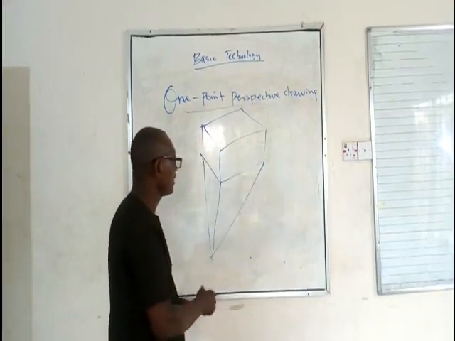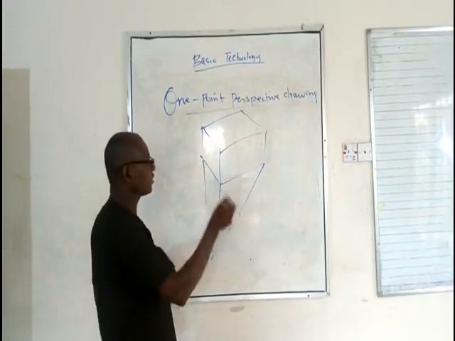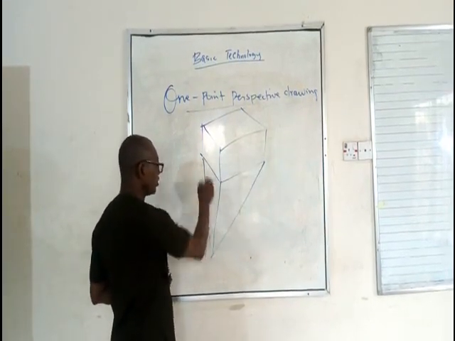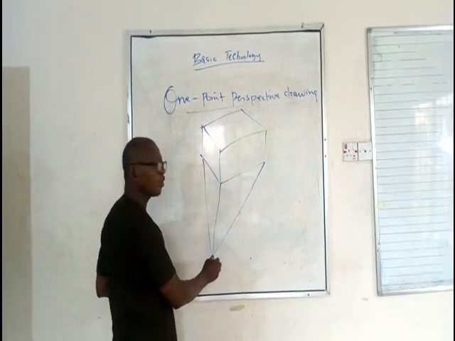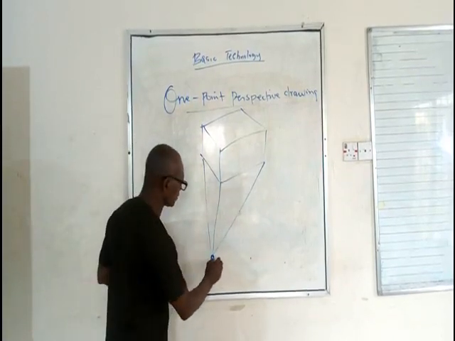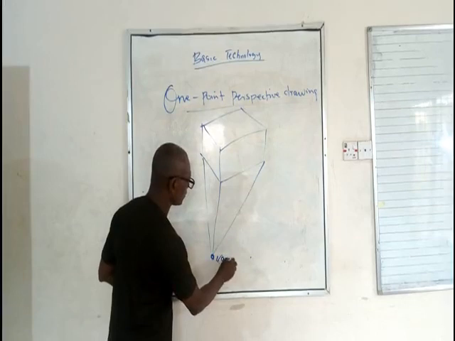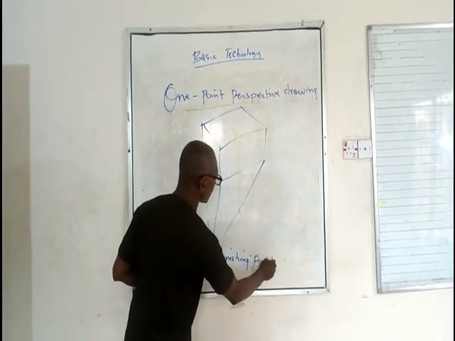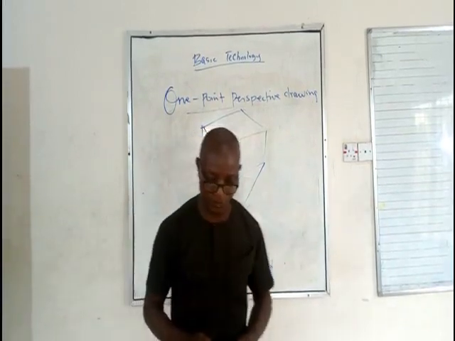What you see, where your eye is pointing, is this point, and this point, and this point, and this is called the vanishing point.